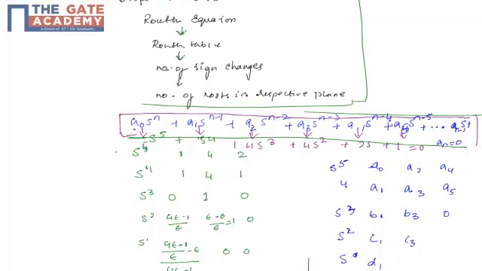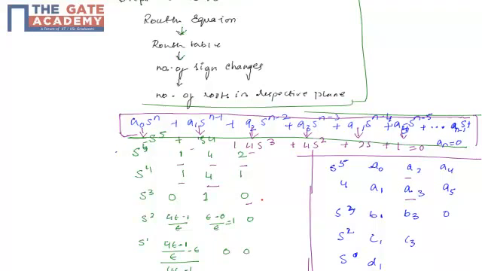This is the general Routh equation and this is the Routh table. So A0 we have obtained, that is 1, and A2 that is 4, and A4 is 2, and A1 that is 1, and A3 is 4, and A5 is 0.